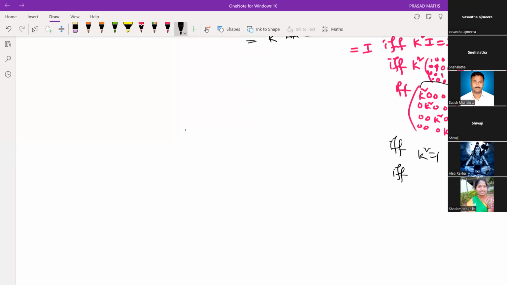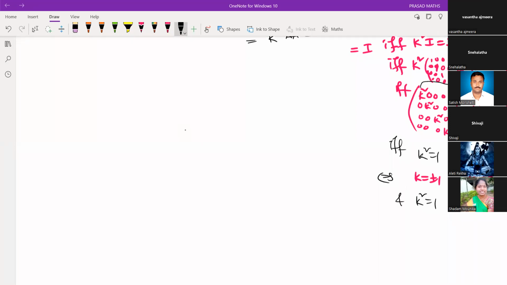This result holds in general, because K can be any scalar; I don't know whether it is a real or complex scalar. But when I restrict K to a real scalar, K equals plus or minus 1. If you take any complex scalar, K square should still be 1.